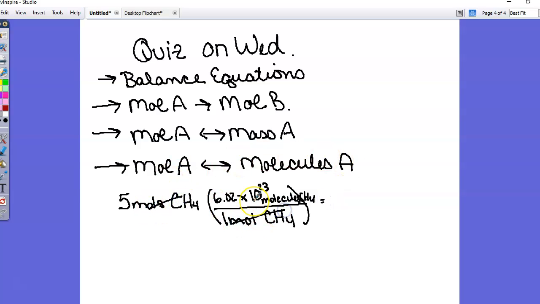Your moles of CH4 will cancel. You'd be left with 3.01 times 10 to the 24th molecules of CH4. Okay, so I've given you examples of all these problems.